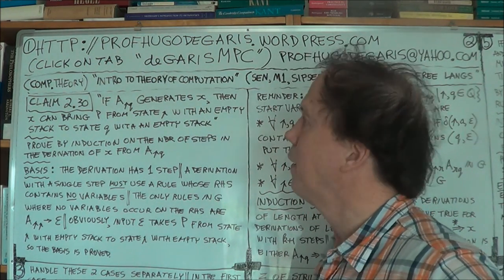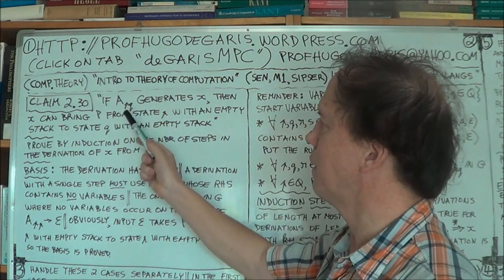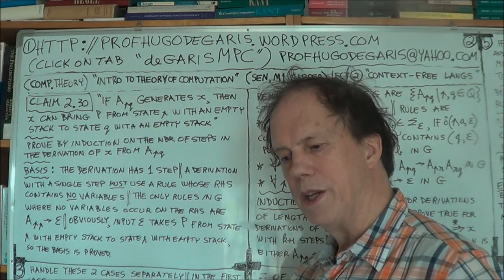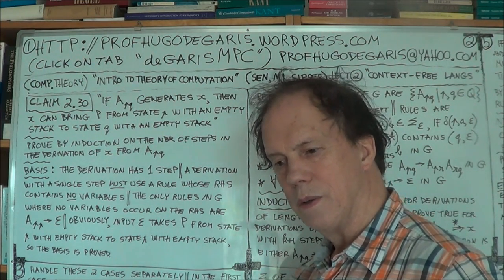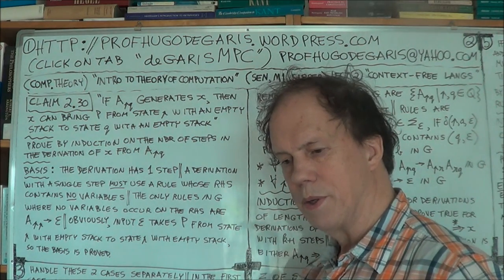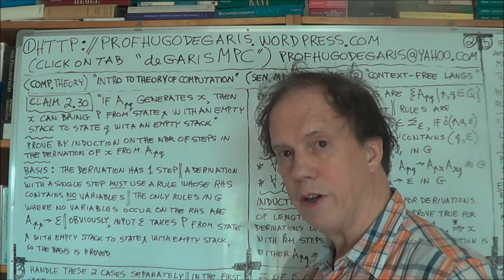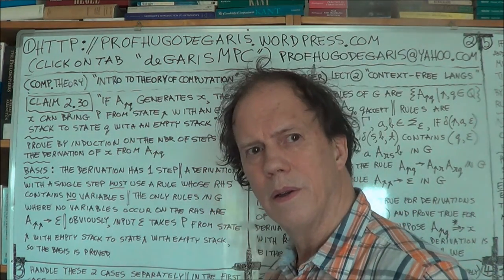So we set up, let's say, the PDA has big N different states. So into the grammar we will put n squared variables. We'll have a variable for every ordered pair?